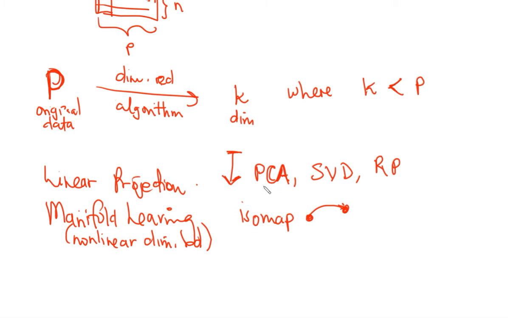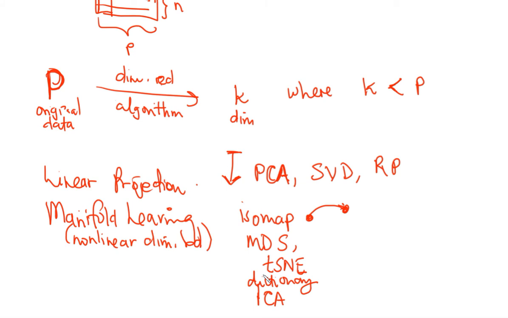Other techniques include multi-dimensional scaling, MDS, and t-SNE. We spoke about dictionary learning and independent component analysis. Those are some of the discussions we are going to have in this chapter.